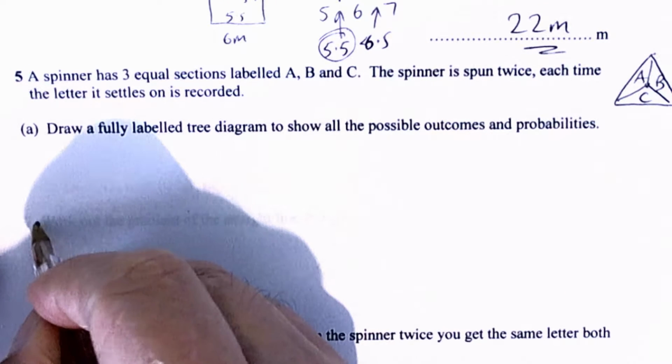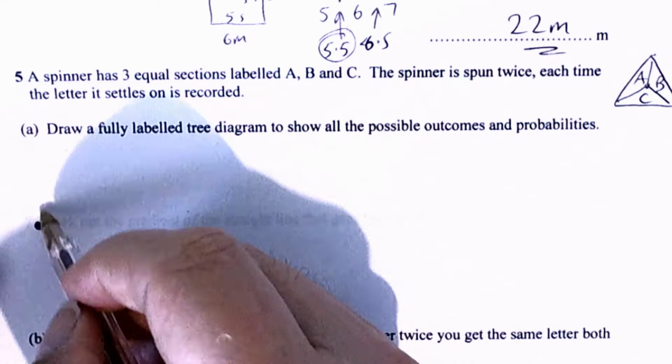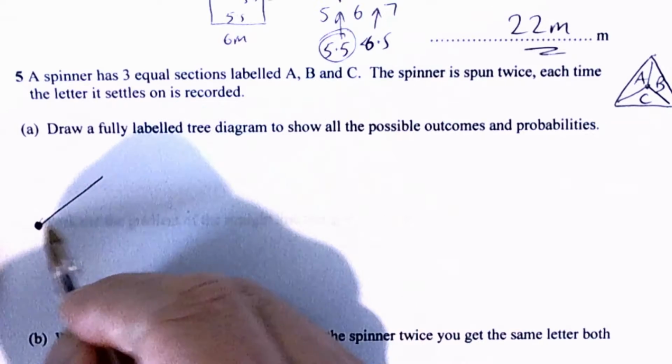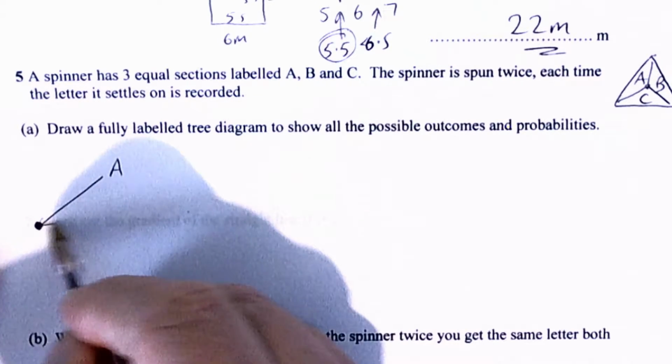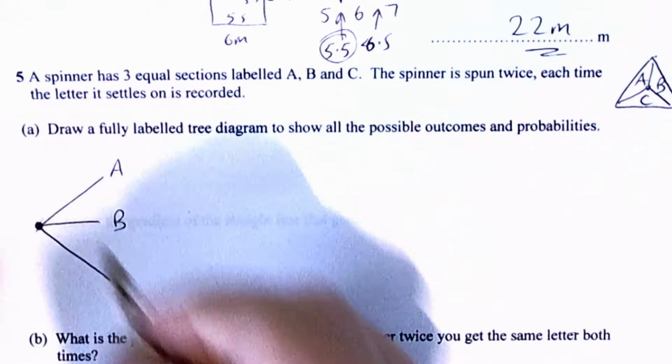So the first event for the tree diagram is to spin the spinner, and the possible outcomes, there's 3 of them. So we can have A, B, or C, and that's for the first spin.